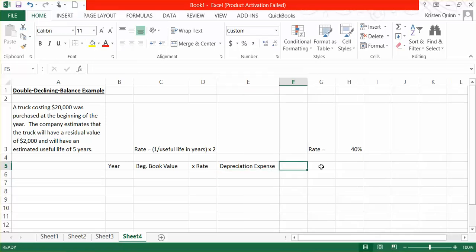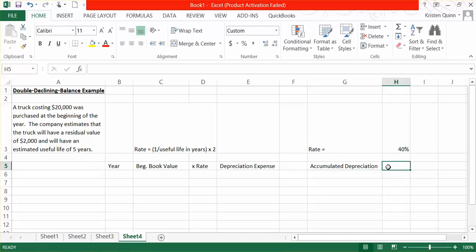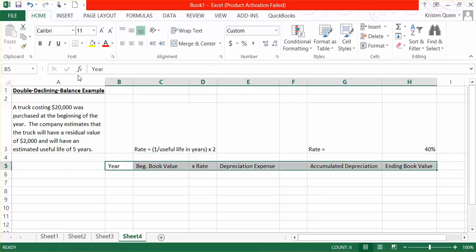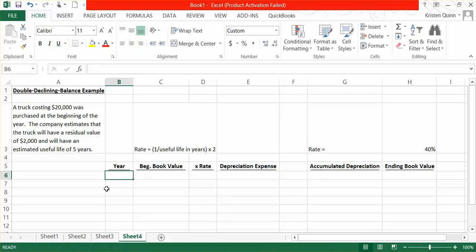We will then want to calculate our accumulated depreciation as of the end of the year and our ending book value for that asset. So this is the chart that we'll be using, and again, this is the easiest layout to figure out our double declining balance method.